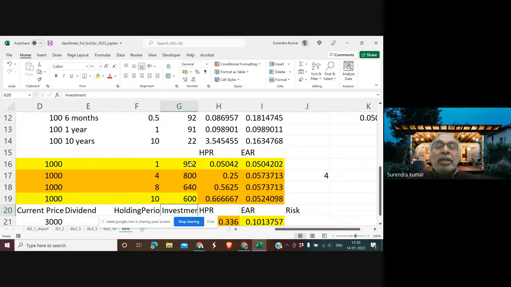And supposing this becomes, let's say, 580, still it is only better than the 1 year zero coupon bond. But let's say this becomes 550, it is the best of all the four cases.